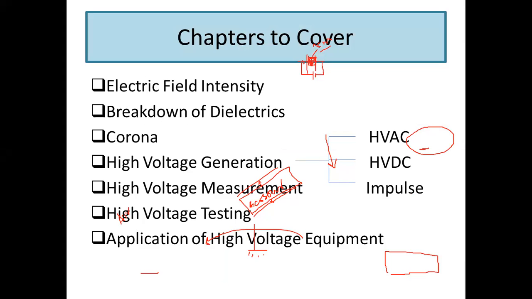We will discuss the breakdown processes for these dielectrics one by one. Then we have the corona chapter and high voltage generation. Similarly, we will discuss high voltage generation for AC, for DC, and separately for impulse, so we will design the generators for these.